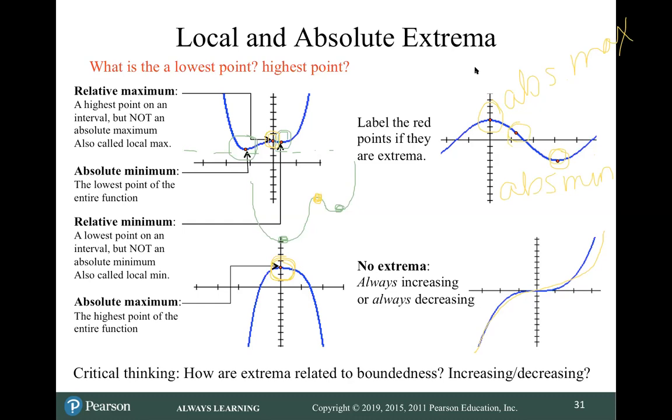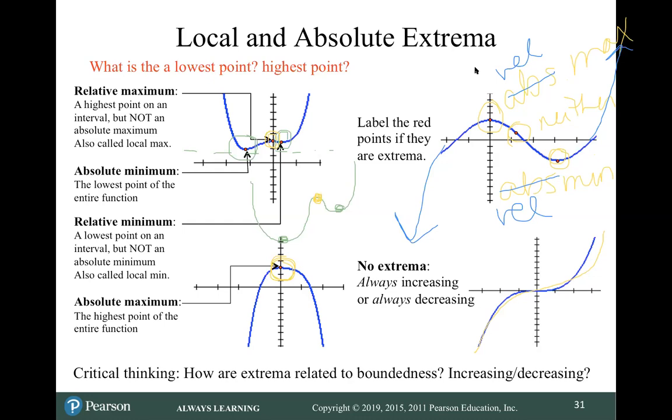This is neither. Okay, now if you interpreted this as that the arms of this graph keep going up like this and down like this, then you would change these absolutes to relative or local. Relative and local are synonyms for each other in this case.